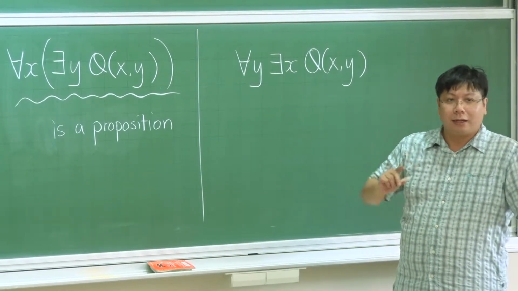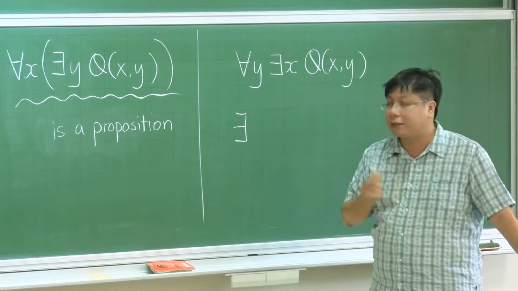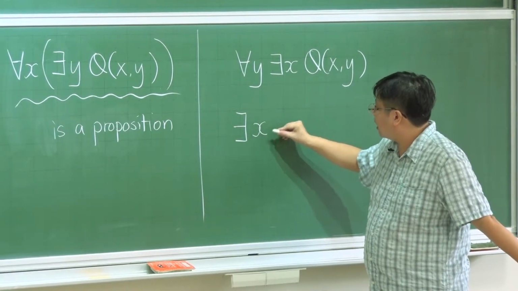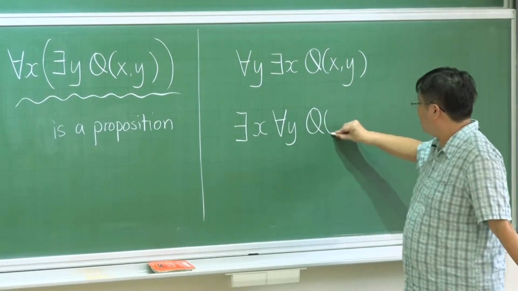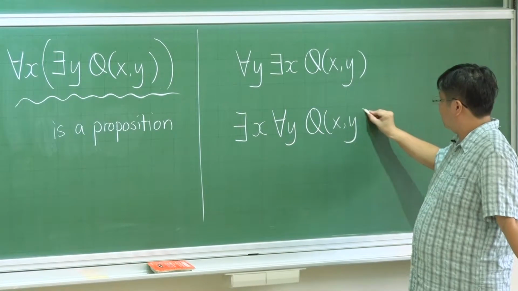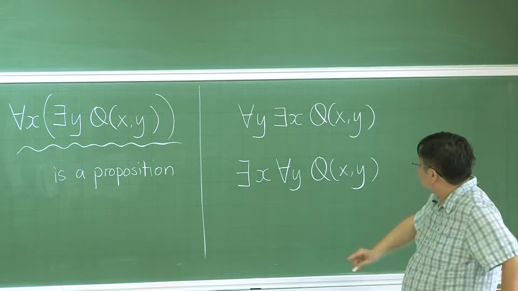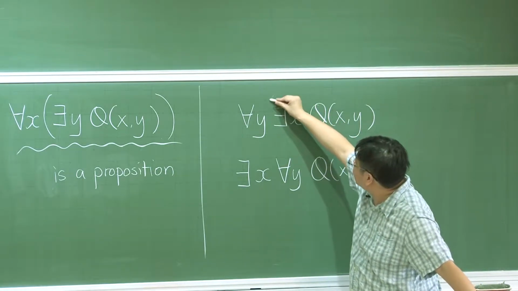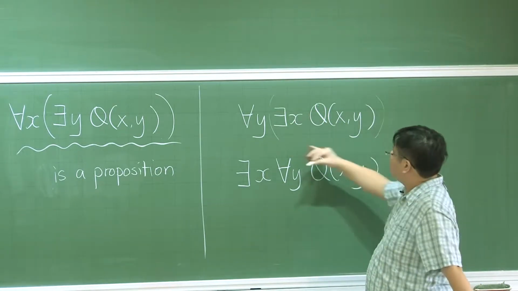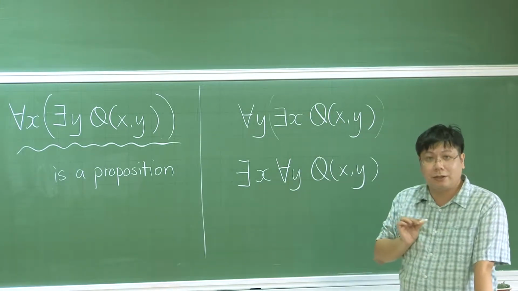Now let me switch the ordering a little bit so I can create another proposition like there exists x for all y Qxy. Okay? And take a look at the meaning of these two different things. So what I should do is there should be a bracket here. But since there is no ambiguity, this bracket can be removed for shorthand notation.